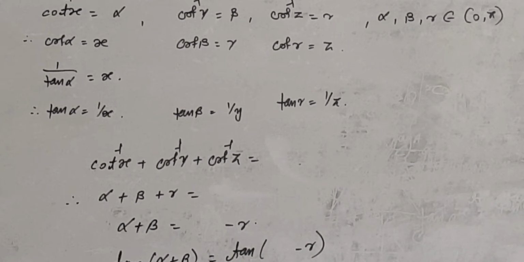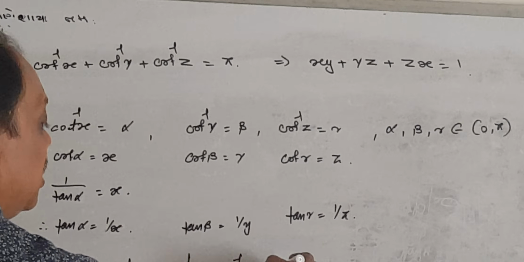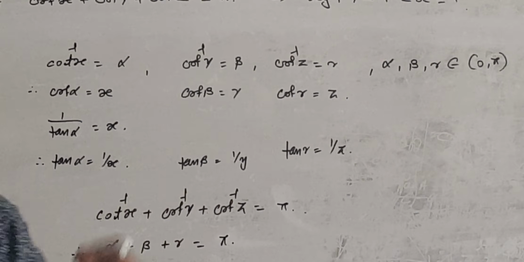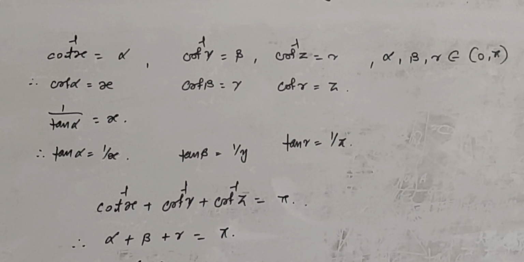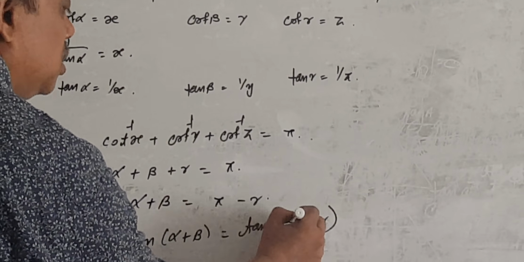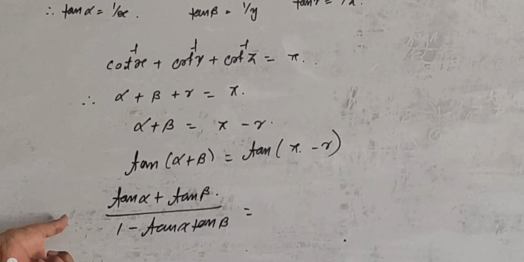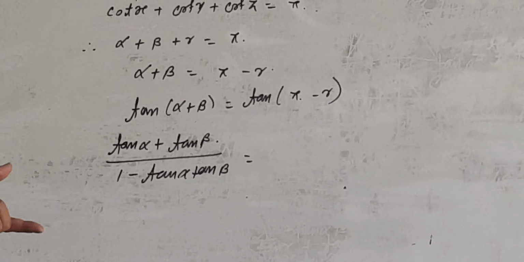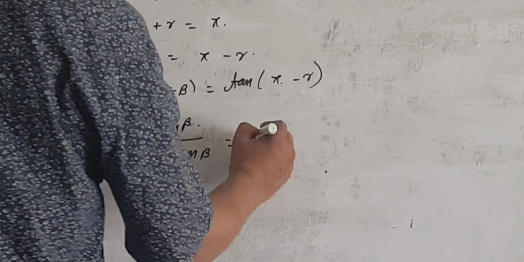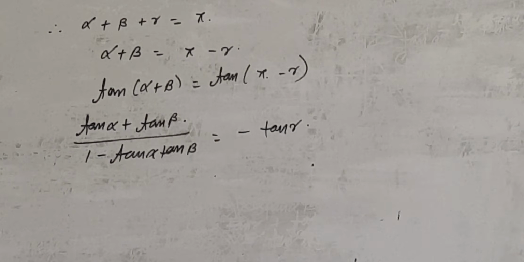Now take the original question, cot inverse x plus cot inverse y plus cot inverse z is pi, so alpha plus beta plus gamma becomes pi. So alpha plus beta is pi minus gamma. On both sides we take tan. Here we apply the rule, tan alpha plus tan beta upon 1 minus tan alpha tan beta. But this time tan of pi minus gamma becomes minus tan gamma, because in the second quadrant tan is negative.